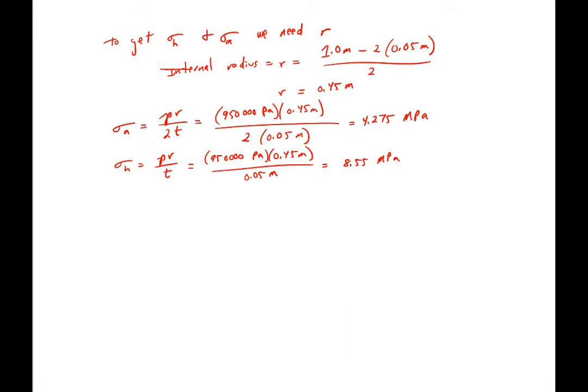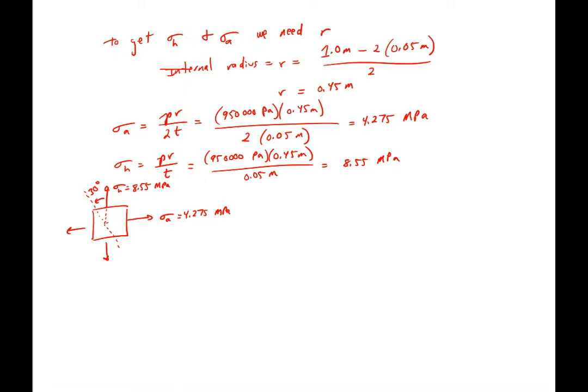So let's make a stress element here. It's going to look like this. Sigma a is 4.275 megapascals. Our sigma h is 8.55 megapascals. And what we want is what's going on this plane right here, that's 30 degrees off that way.